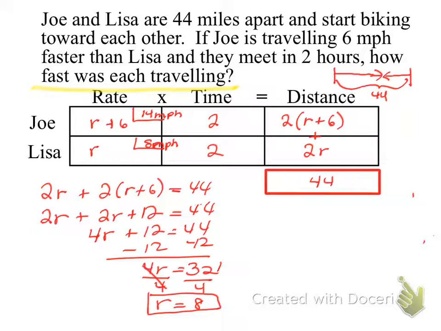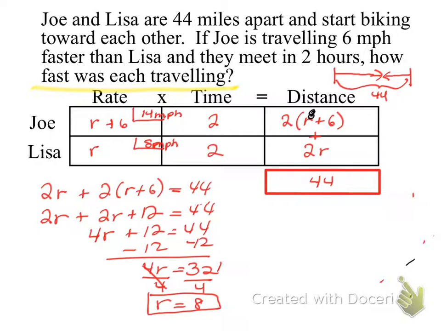Now remember when we did this, what happens if they asked you for the distance? Could we figure that out? Okay, Sarkis? You plug r into 2 times the quantity of r plus 6. Okay, and what would I end up with? 16 plus 12, which is 30. So how about down here?